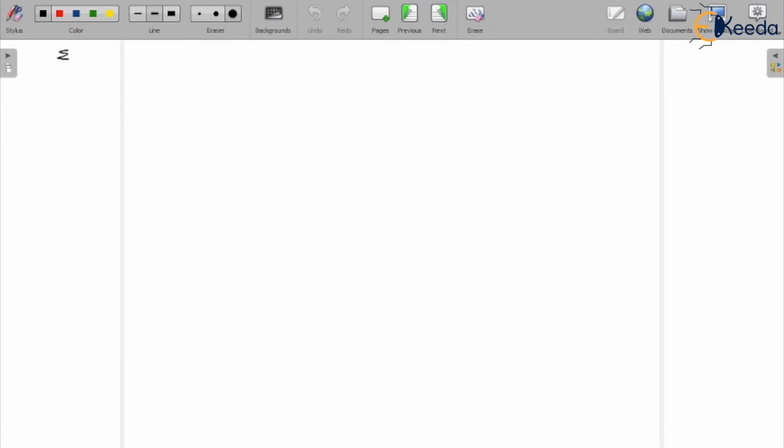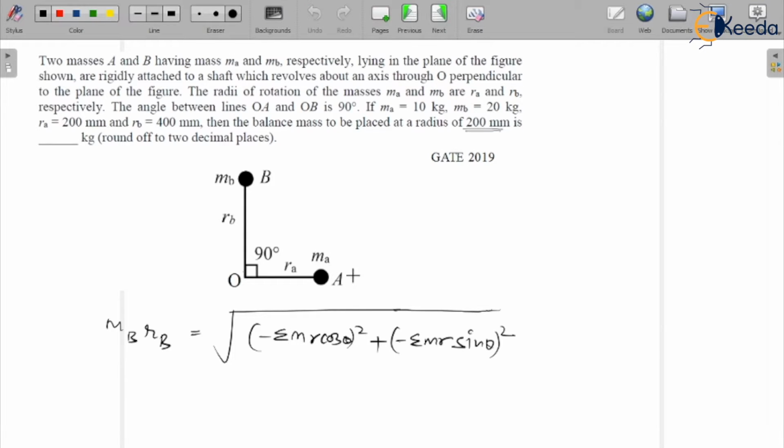So the summation of MR cos theta: there are two masses A and B, and the position of mass A is horizontal, that is theta equal to 0 degree, and we can consider it as the reference.